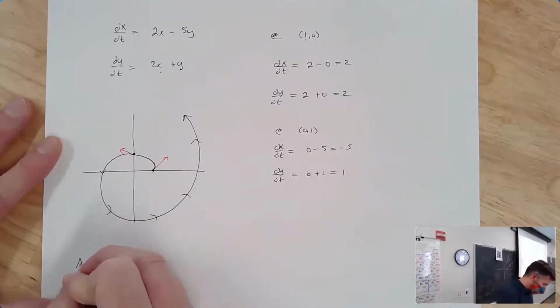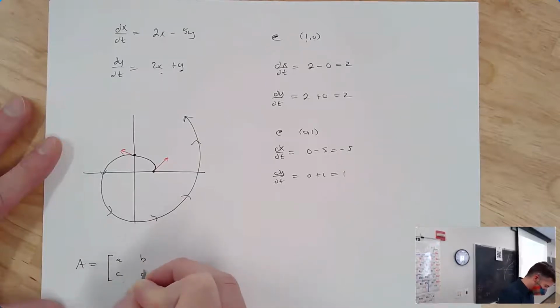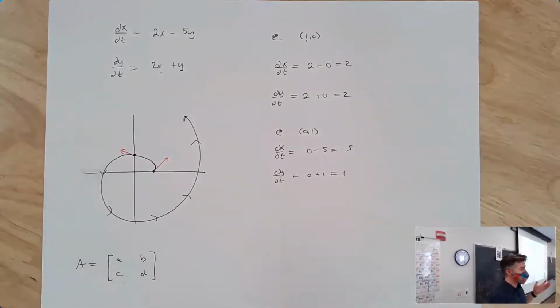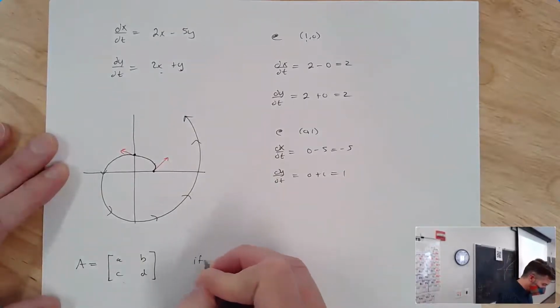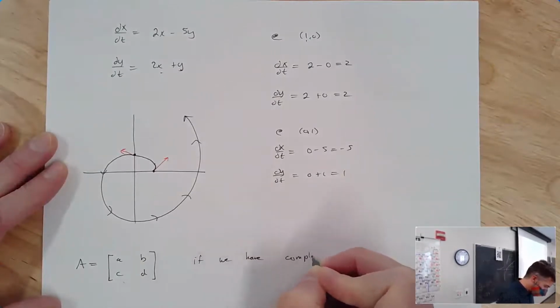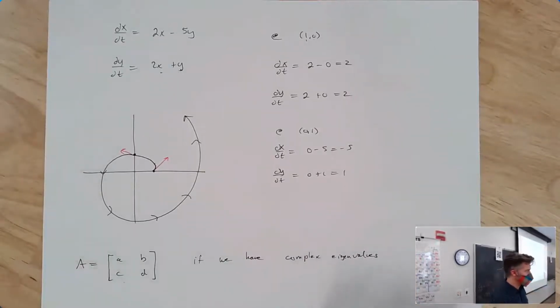If your matrix looks like this, here's the deal. First of all, the eigenvalues have to be complex to be a spiral. So if we have complex eigenvalues, then it's always true that B and C are opposite signs.